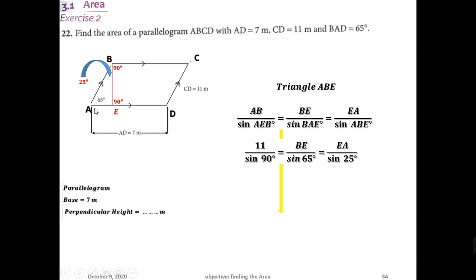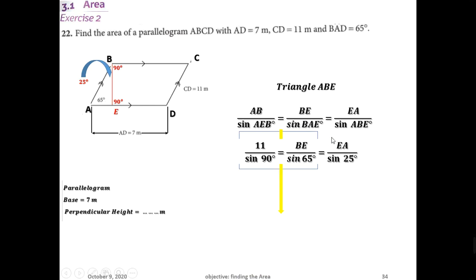EA is also unknown, over sine of 25. Since we are calculating the red height, the distance between the two parallel sides, we must take the first two fractions. Then we apply the opposite operation.